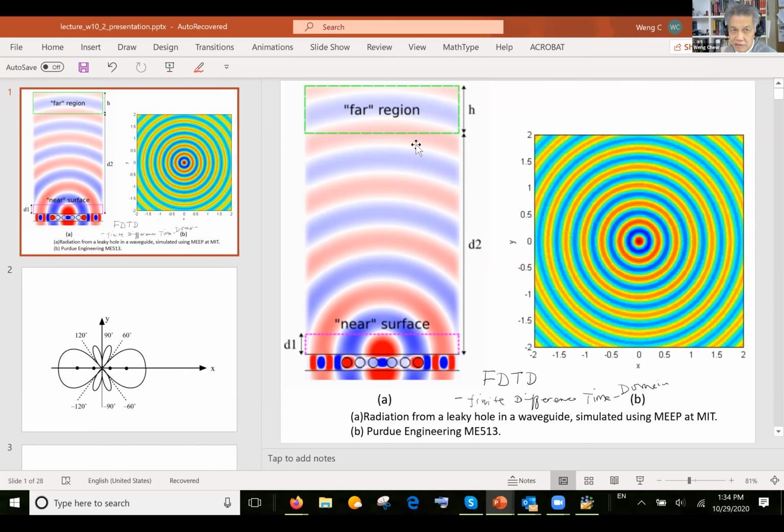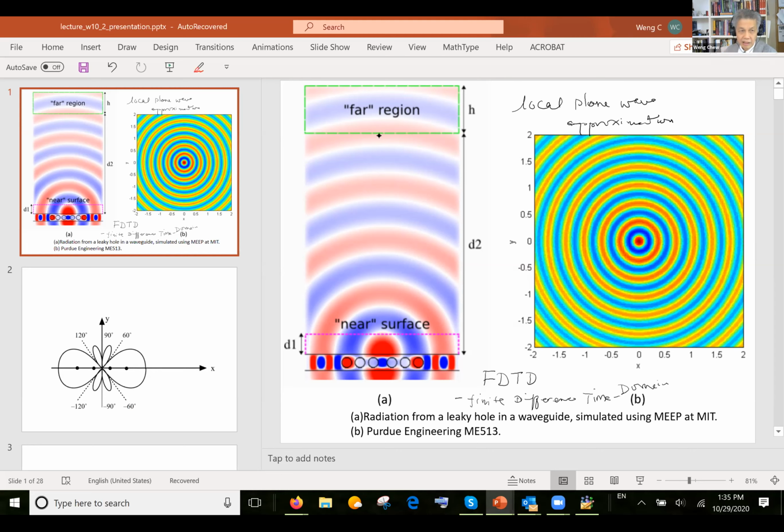And over here too, if you go far enough, you can make a local plane wave approximation. So this is the rationale for local plane wave approximation that we will use quite a bit in the far field.